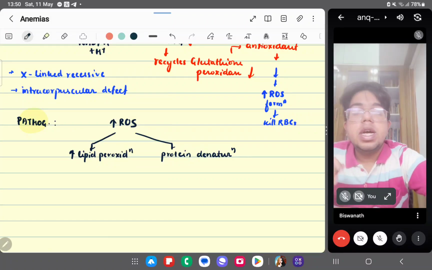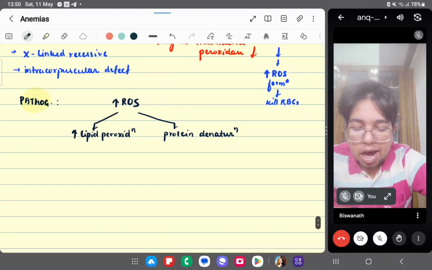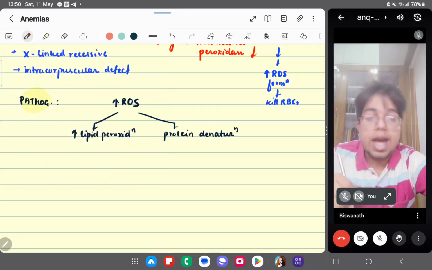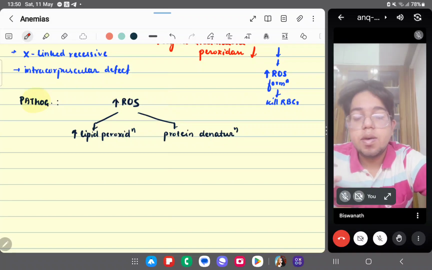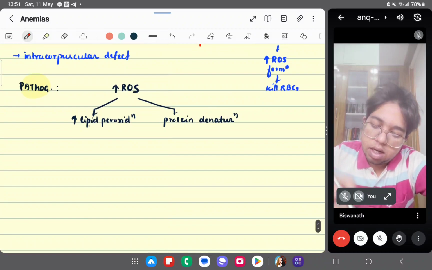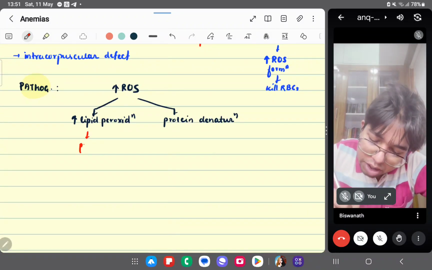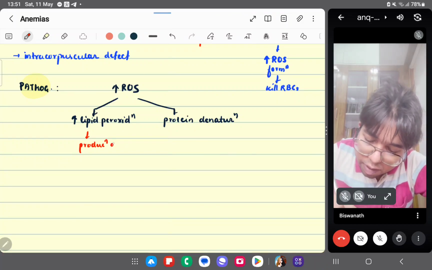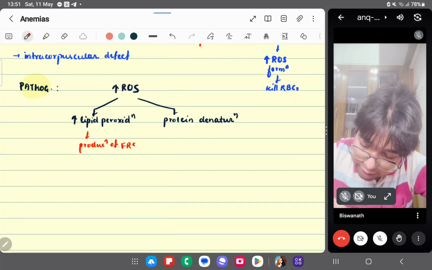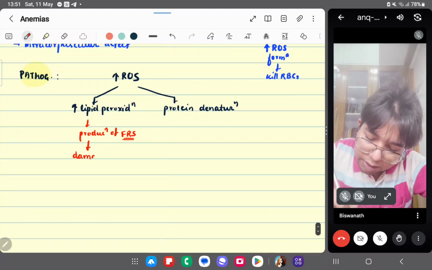If the ROS is very high, increased lipid peroxidation can cause the production of free radical species, and it can damage RBCs.